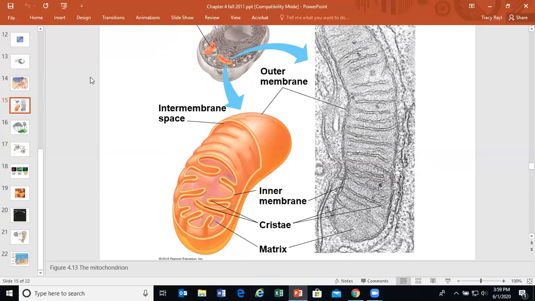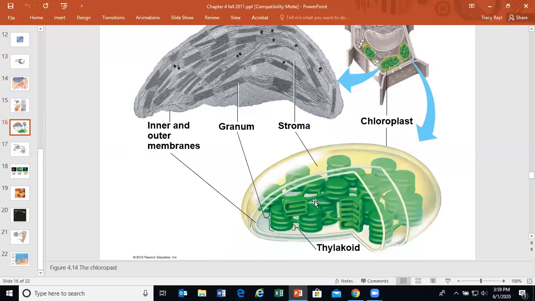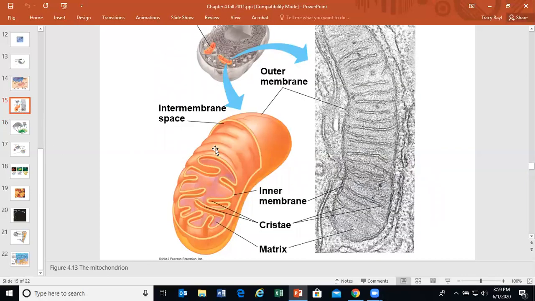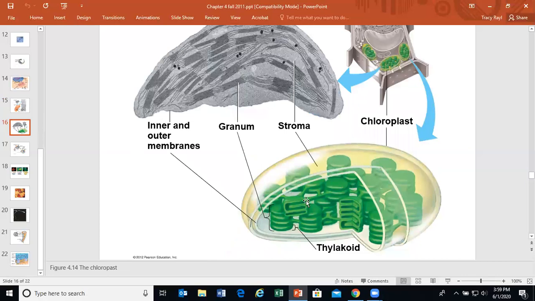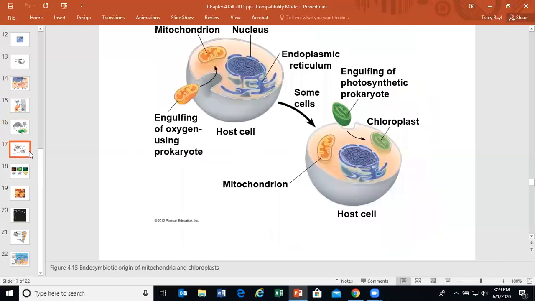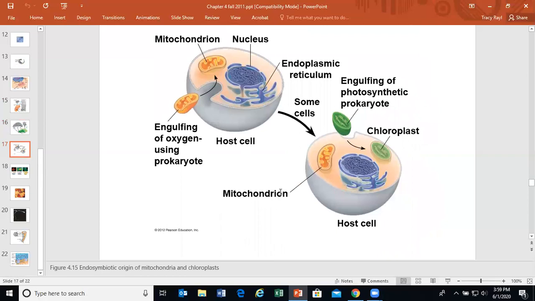They're not replicated or created inside of a cell by the endoplasmic reticulum and the Golgi and so forth. They're self-replicating because, again, they were once free-living bacteria. Aerobic bacteria for mitochondria and cyanobacteria for the chloroplast. So what you're looking at here is events where the mitochondria were engulfed into cells, and so were the chloroplasts.